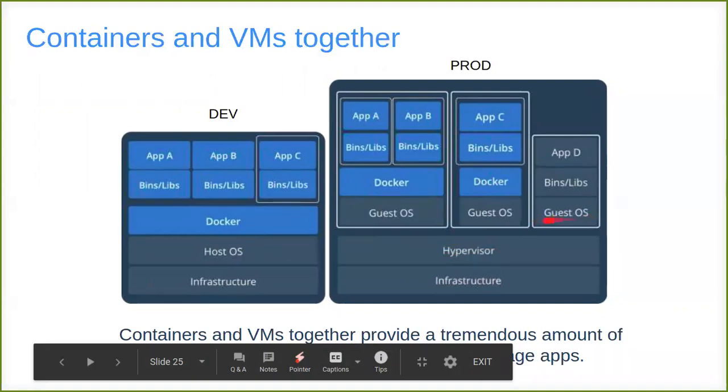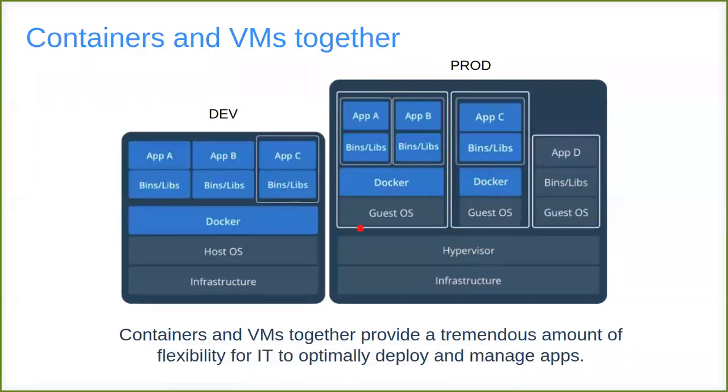On top of it we can have three guest OS, and with Docker I can make one app having this environment, one app having this environment, and one app without having Docker in it. So this is where virtual machines and containerization complement each other and we make a production-grade environment.